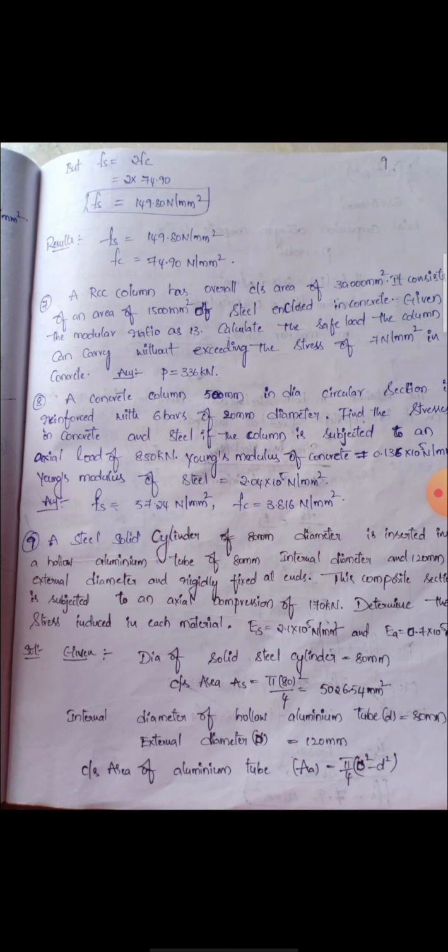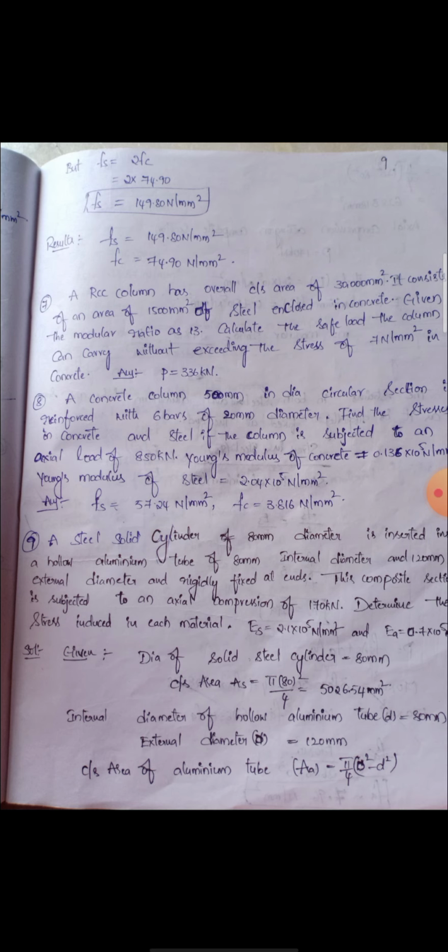The result is the stresses in each metal: stress in steel, Fs equals 149.80 Newton per mm square, and stress in copper, Fc equals 74.90 Newton per mm square. This is the final result.